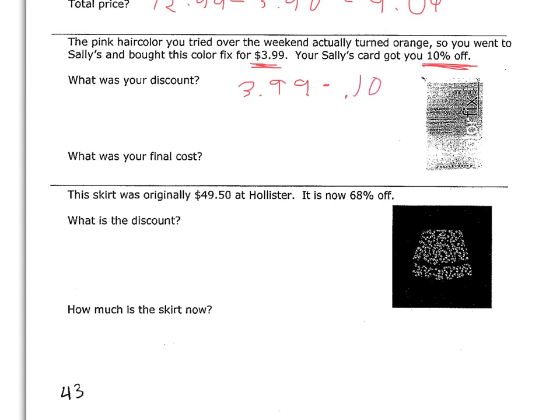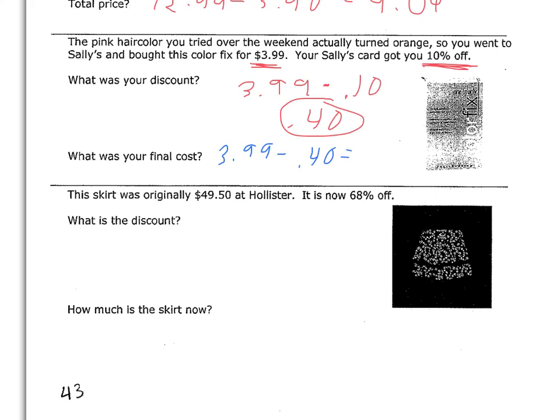If you type in $3.99 times 10%, that gives you 39.9 cents off, but of course you can't have that amount off, so you have 40 cents off for your discounted rate.